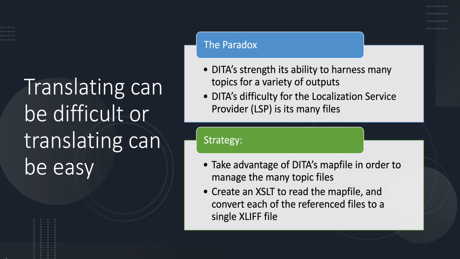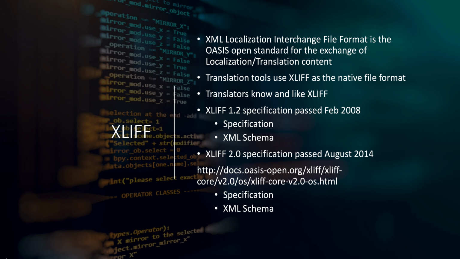One of the ways we can do that is to create an XSLT that reads the map file and converts each of the referenced files to a single XLIFF file. So what is this thing XLIFF that we're talking about? XLIFF is the XML Localization Interchange File Format. It's an open standard for the exchange of localization and translation content.